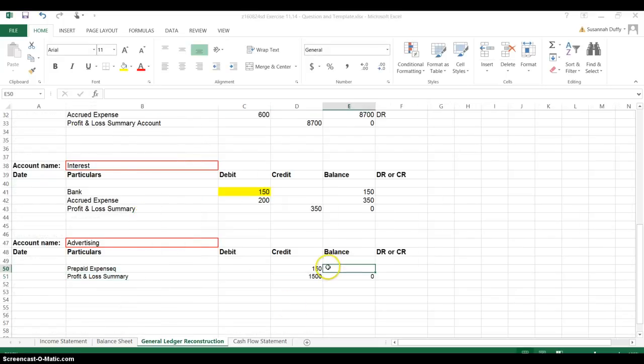So at this point, we've got a balance of 1,500. But we know that if we add those two together, it will give us the figure that we actually paid for advertising that financial year. So 1,650 is the figure. That's what we put in as our bank.